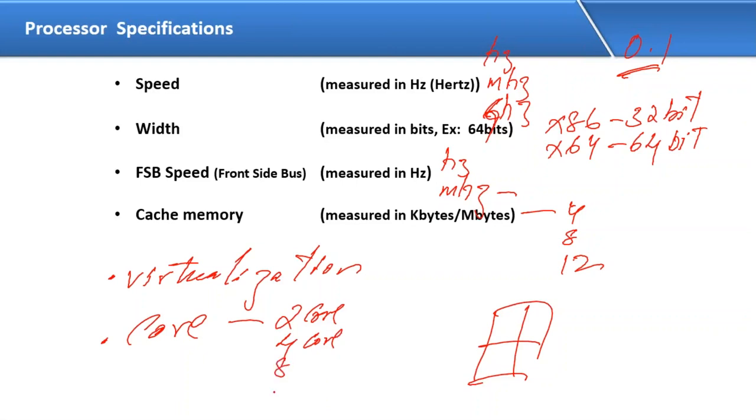Like this, we have 8 core, 12 core, 14, 16, 18 core. Our machines, our laptops, will support up to 4 core or 8, not more than that. The server has 12 core, 14 core, 16, 20 core. When the cores increase, machine performance will increase.